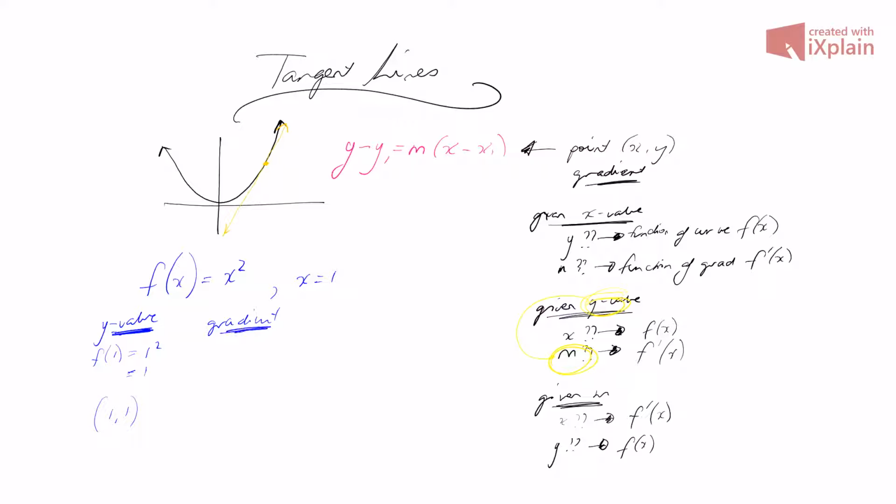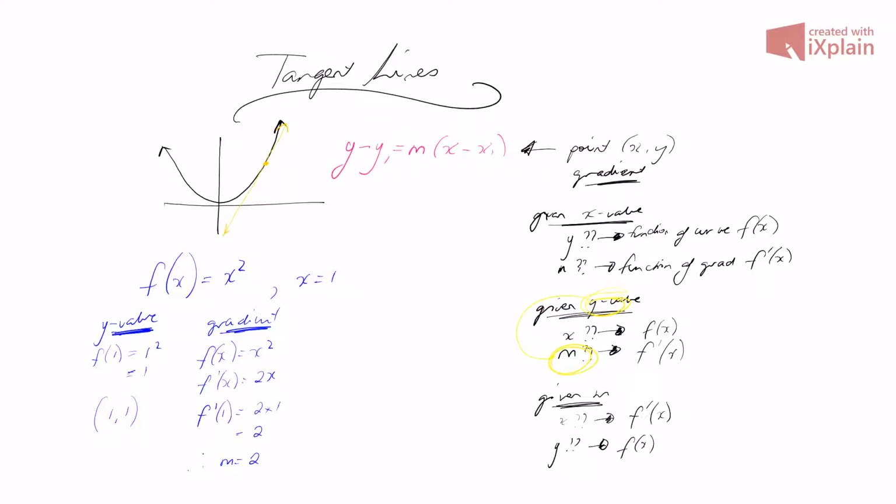In order to find the gradient, I need to find the derivative, because the derivative is the relationship between x and the gradient. So if f(x) equals x squared, f dash x equals 2x, and with x equals 1, we've got 2 times 1 equals 2. So therefore the gradient equals 2.